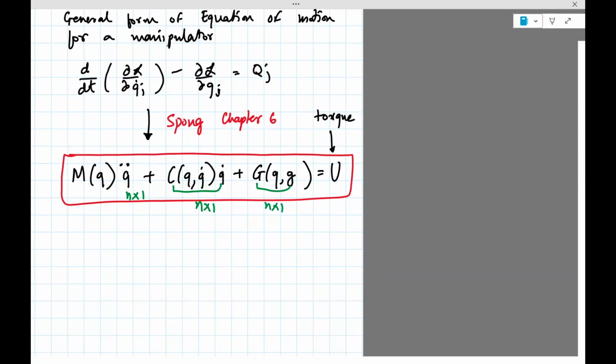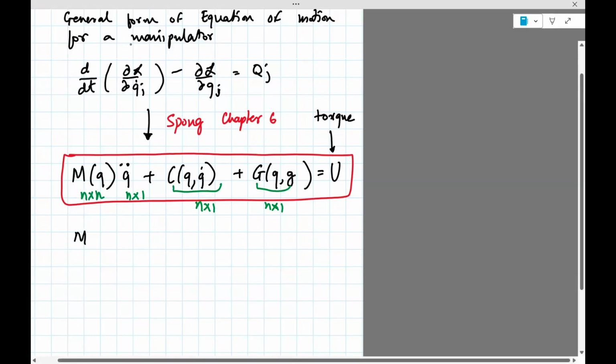Sometimes you can just write it as C(q) q dot, but it actually has a q dot square term there. If you have heard or seen of the Coriolis force, this is something which depends on velocity squared. That comes there. And then this mass matrix is n cross n.